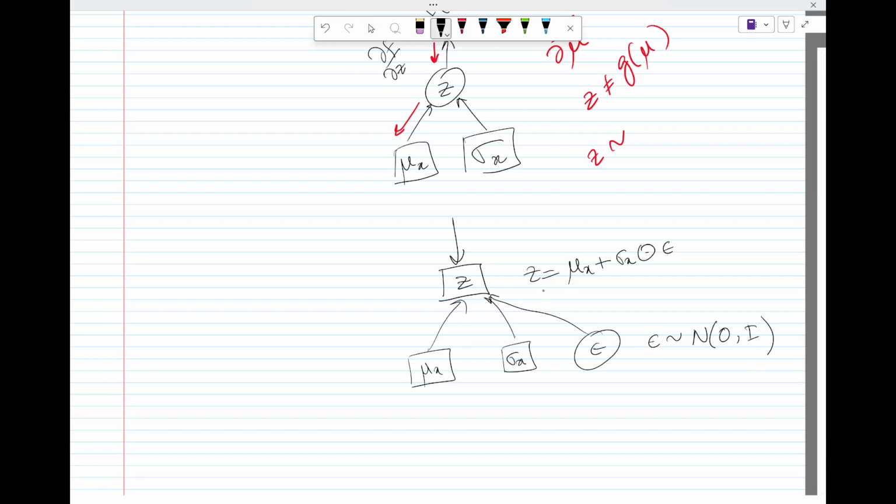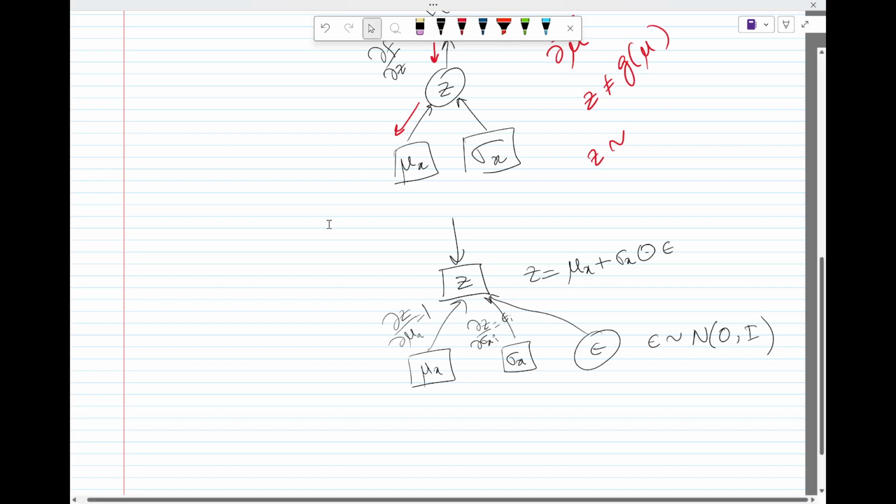Now you can compute the gradient: del z by del mu x is basically 1, and del z by del sigma x, for the ith component, will be epsilon i, because mu, sigma, z and epsilon are all vectors.